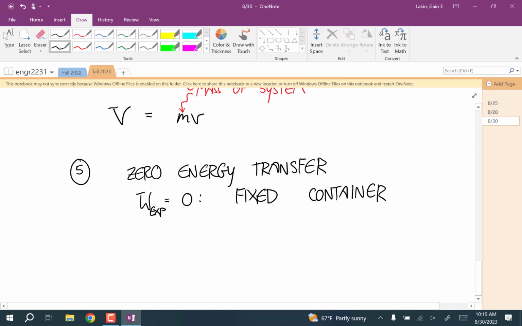But this is the important one, the one that comes up more often, is how do you have heat transfer be equal to 0? Heat transfer is equal to 0 if you have a well-insulated container. Okay?